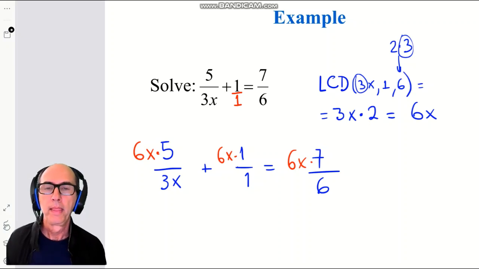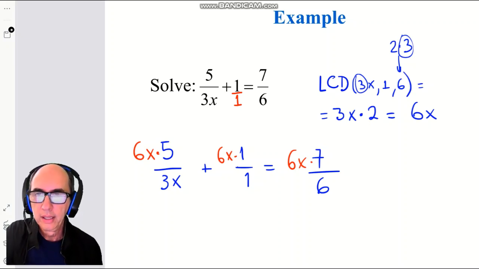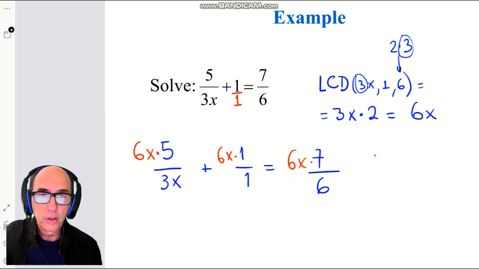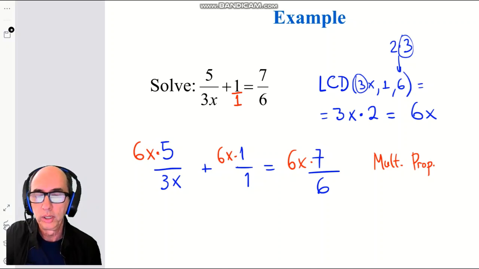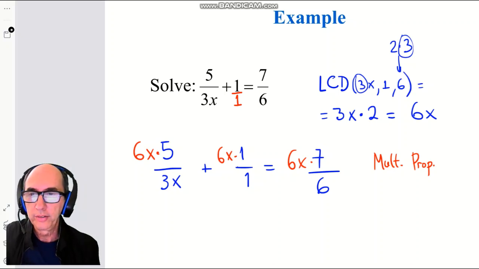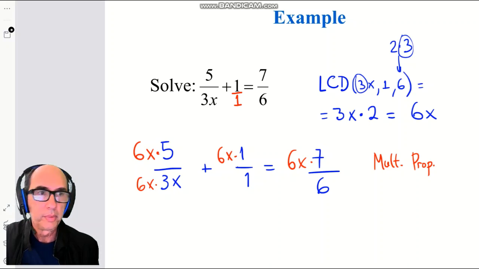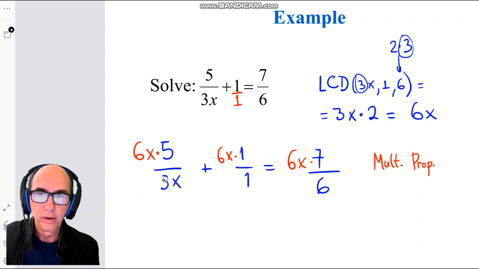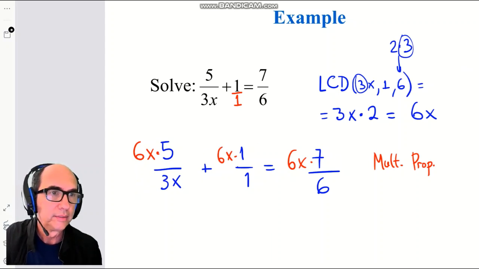See, we multiply everything by the least common denominator, and we can do this because of the multiplication property of equality, right? You cannot do this kind of thing if you have an expression. You're not allowed to change the expression. If you have an expression, you have to multiply by 6x on the top and 6x on the bottom, remember? But this is an equation, we can just multiply both sides of the equation by 6x.